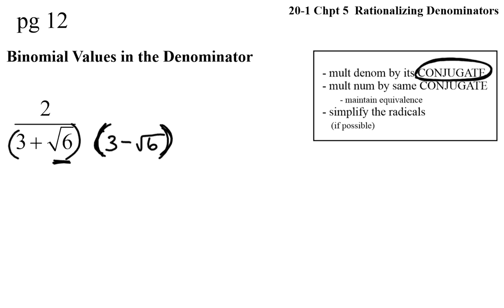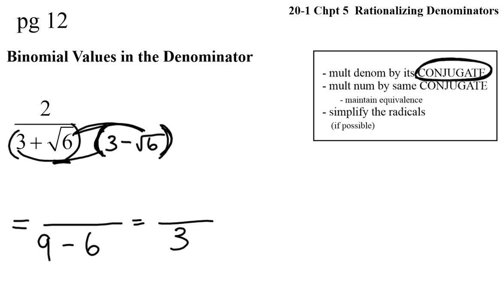Now, those of you who are on top of this and practiced the last lesson, remember when we multiply conjugates, I just have to square the first values. 3 times 3 is 9. And multiply the second values. Root 6 times root 6 is just 6, but it is a positive times a negative, so it's 9 minus 6.